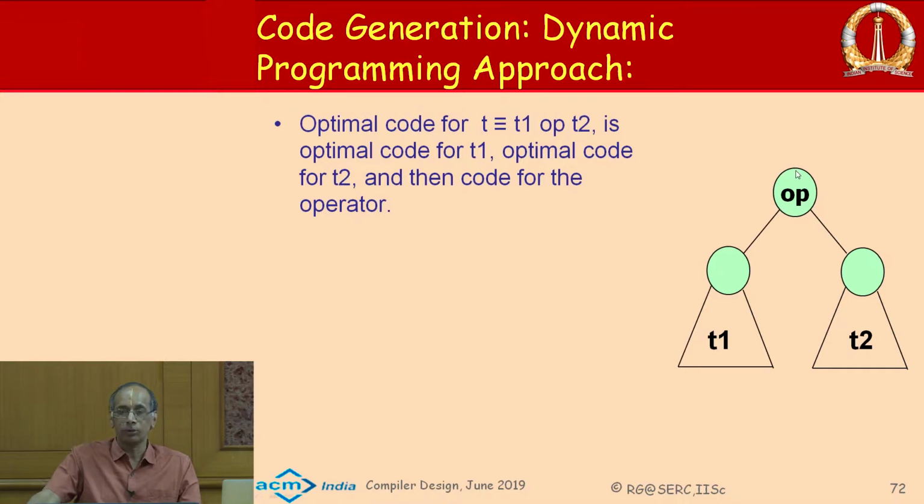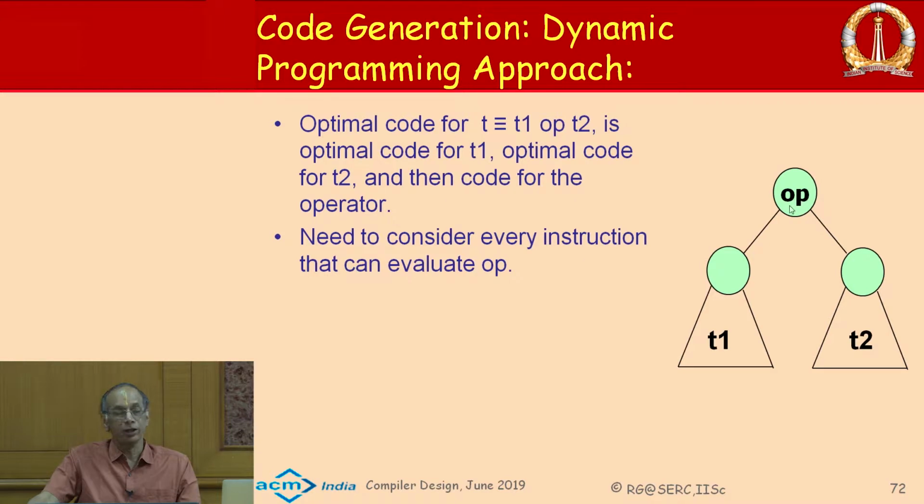In dynamic programming, what do you say? The problem is divided into sub problems and the sub problems satisfy the optimal substructure property, right. That optimal substructure property is essentially satisfied here because the minimum cost for generating code for this instruction is the same as the minimum cost for generating code for this instruction plus the minimum cost for generating code for this subtree plus the cost of this.